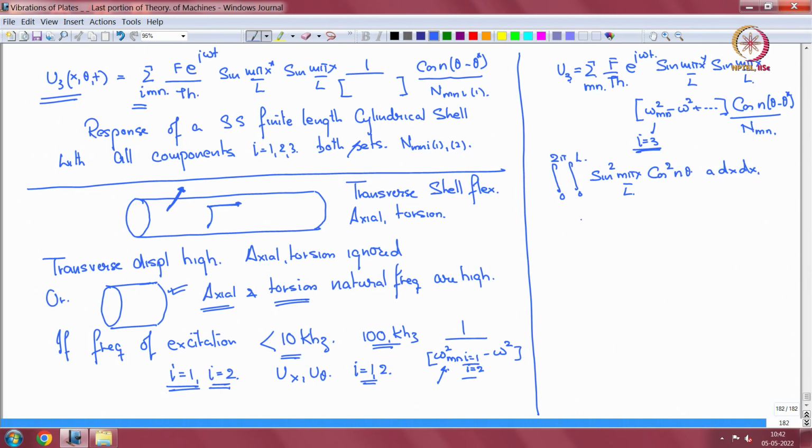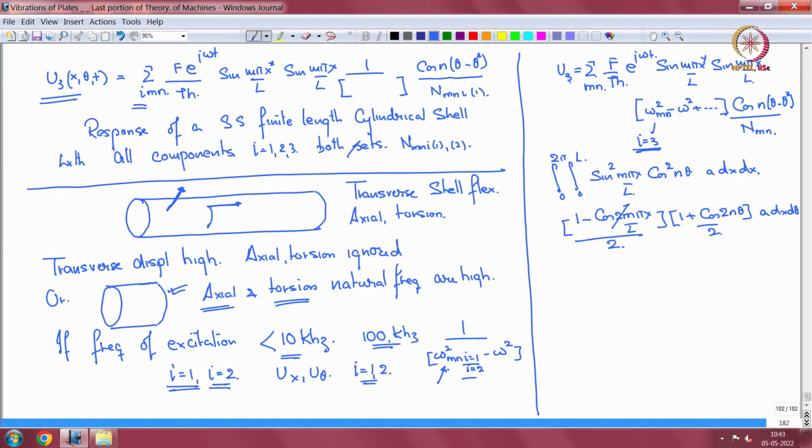So we have 1 minus cos twice m pi x by L over 2, times 1 plus cos 2 n theta by 2, a dx d theta.